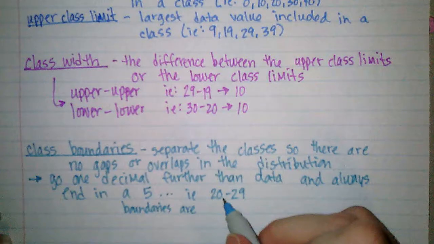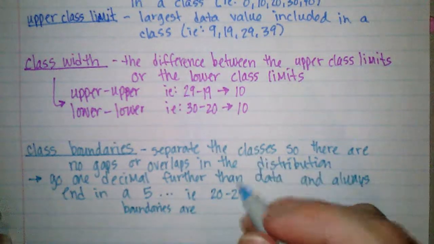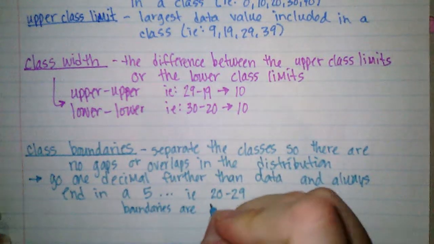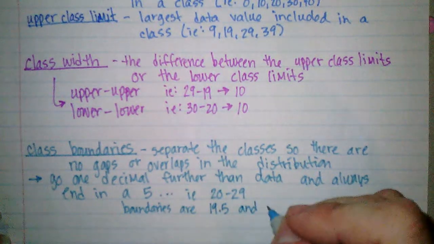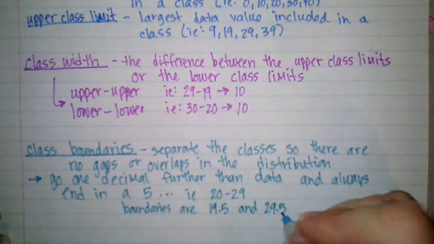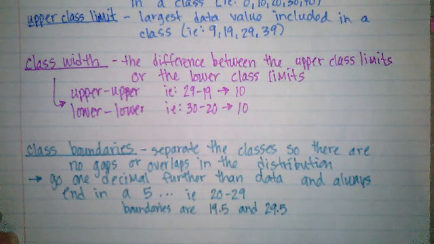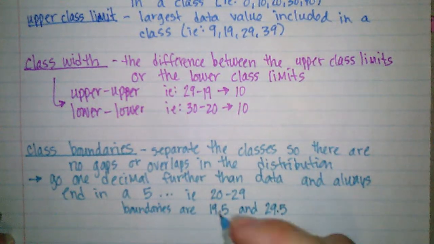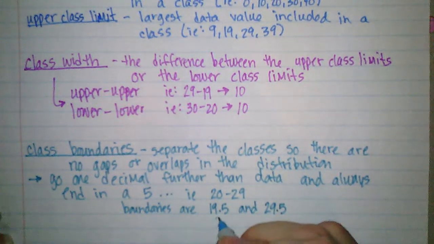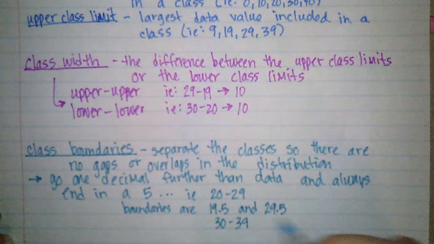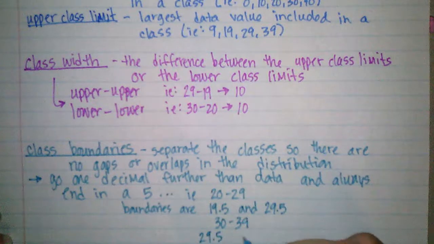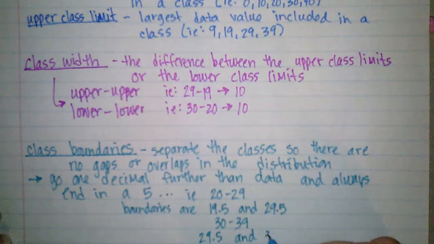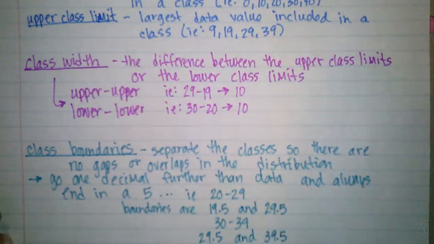So instead of 20, it'll be 20.0. And I'm going to go down by a half. So that would be 19.5. And then my upper boundary would be 29.5. So that in my next class, which is 30 to 39, my boundary starts at 29.5 and goes to 39.5.